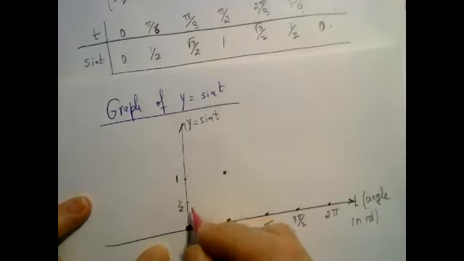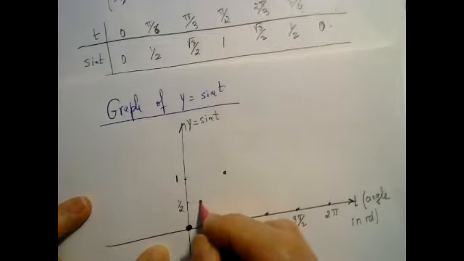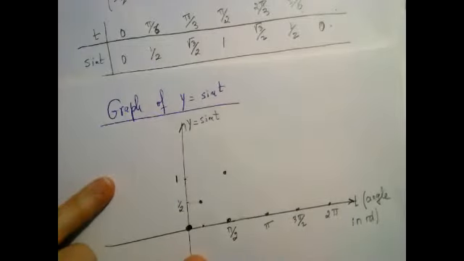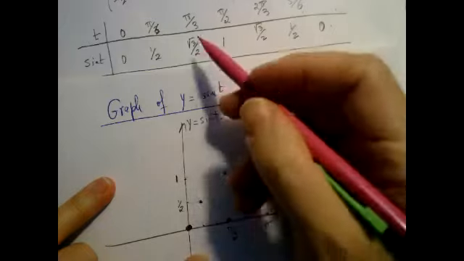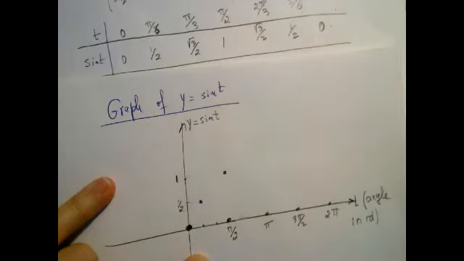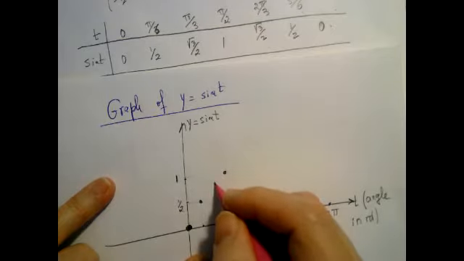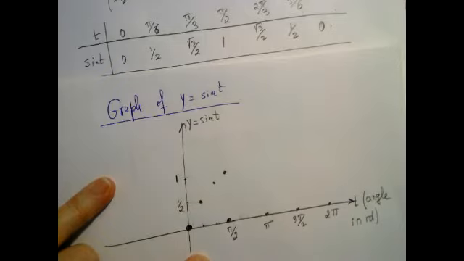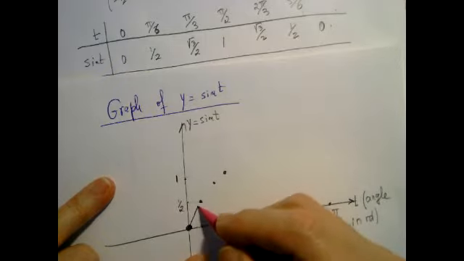So if this is a half here, that's the value at pi over 6. At pi over 3 it is square root of 3 over 2. Square root of 3 is 1.7, divided by 2, we're almost 0.8. So we should be right there. And then we simply connect those points. So that's the graph here.